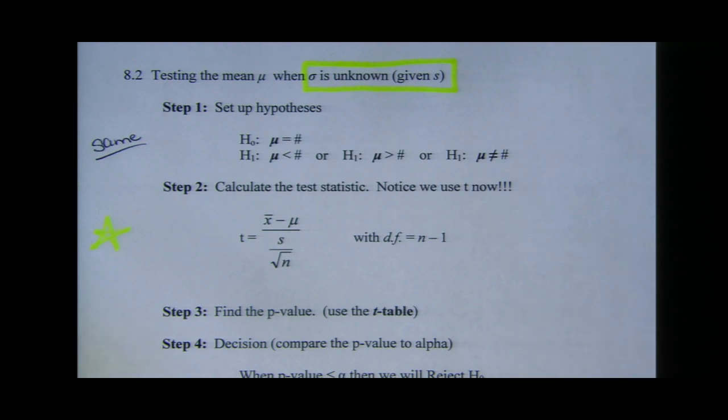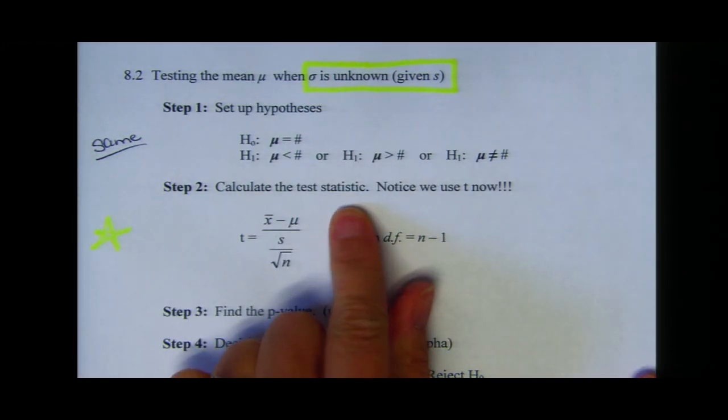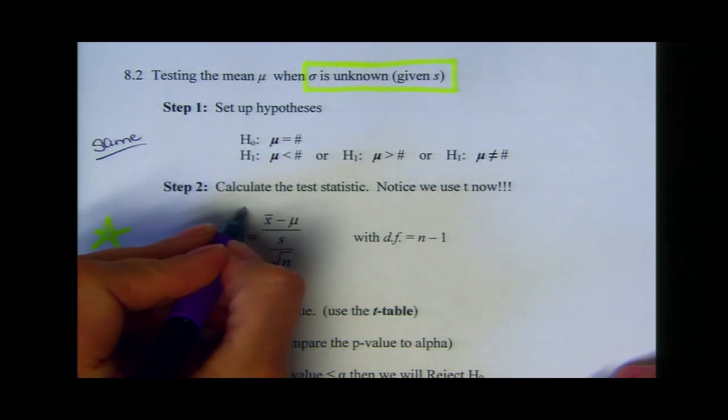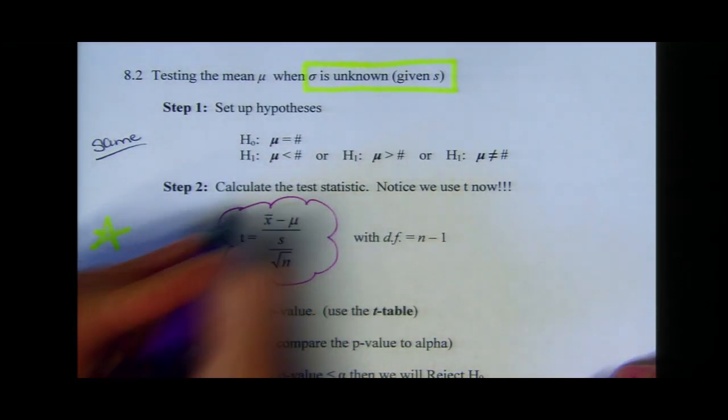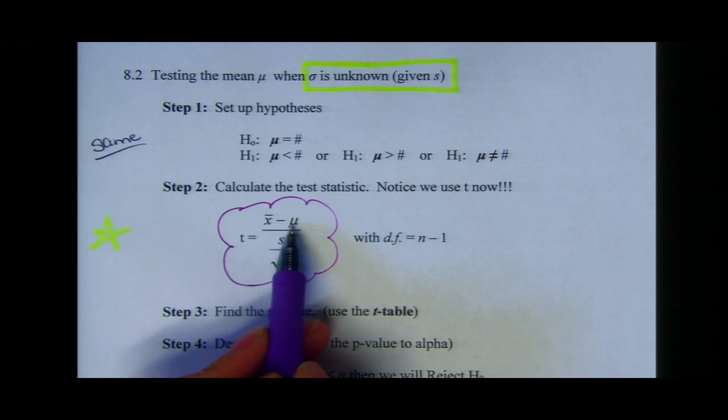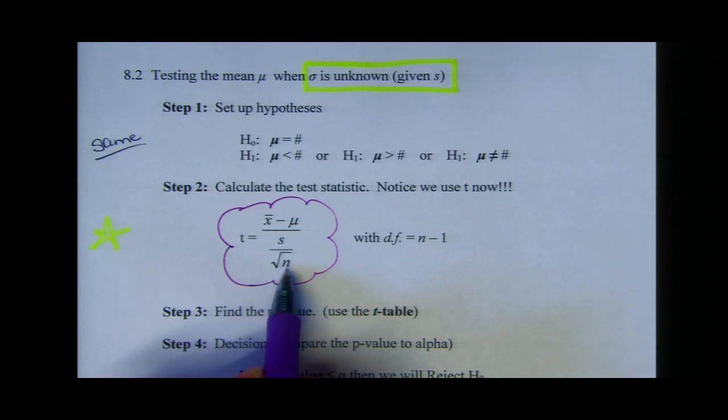If you will see, this is still the test statistic, but now this is a t-value instead of a z-value. So we will not use the z-table. Now the formula in essence is the same, x bar minus mu divided by, but this is S, sample standard deviation instead of population standard deviation, divided by the square root of n.